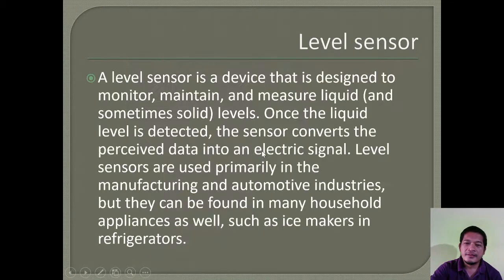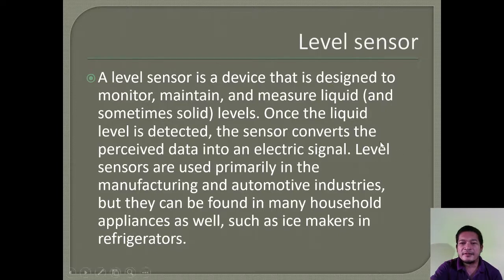Okay, so just imagine, because you cannot actually see the real sensors, as most of these sensors are found in the industry.